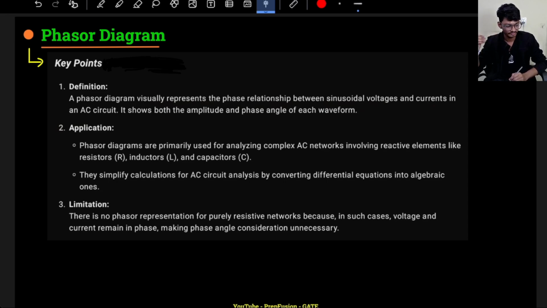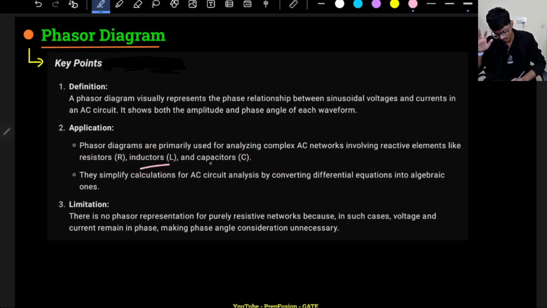Phasor diagram is also very helpful. You will be able to easily solve AC questions with a phasor diagram. Phasor diagrams are primarily used for analyzing complex AC networks with reactive elements. What are the reactive elements? The inductors and capacitors. Why are they called reactive elements? Because of the reactance that L and C provide. What reactance is, we will come to, don't worry about that.